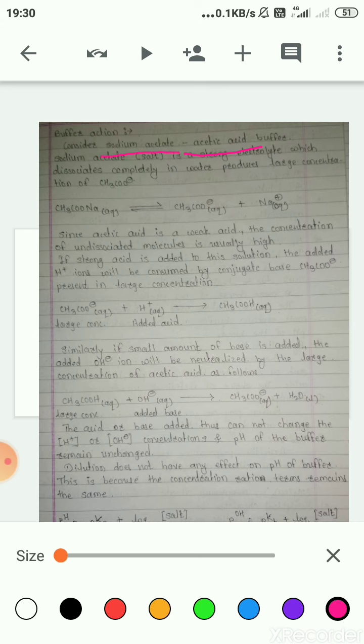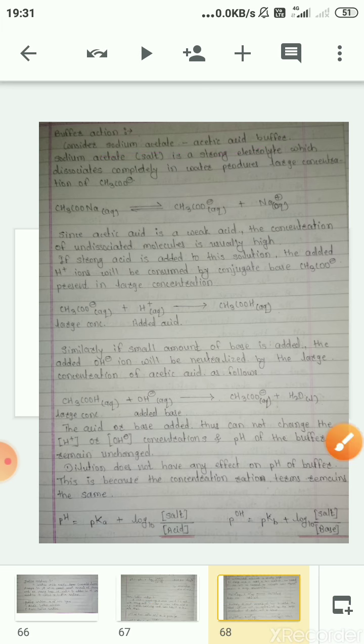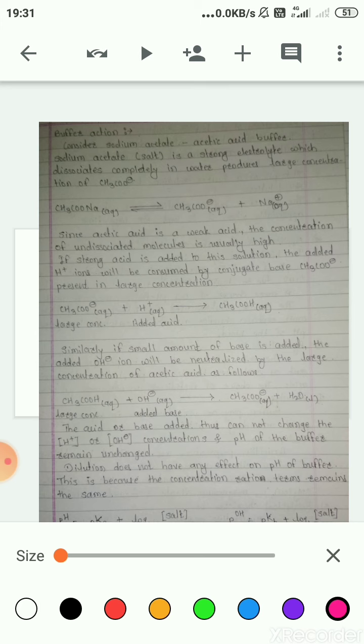Now here, sodium acetate is a salt and it is a strong electrolyte, and as it is a strong electrolyte it dissociates completely in the solution and produces a large concentration of CH3COO minus, that is, acetate ions.